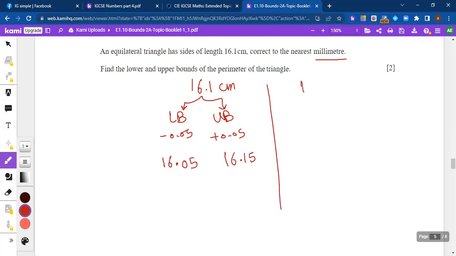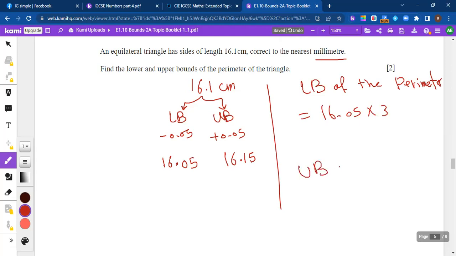Here the lower bound of the perimeter, use the lower bound: 16.05 times 3. The upper bound of the perimeter, use the upper bound: 16.15 multiply 3.